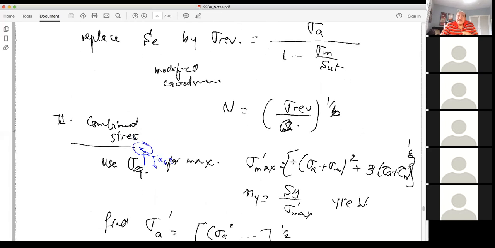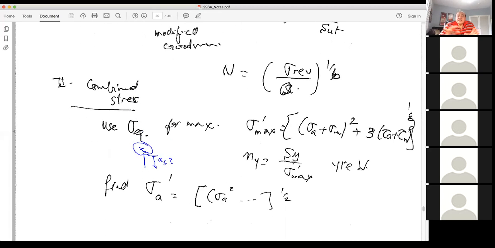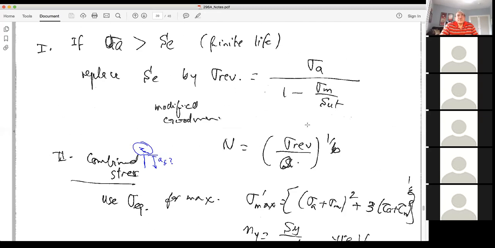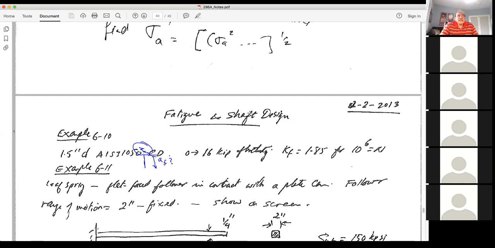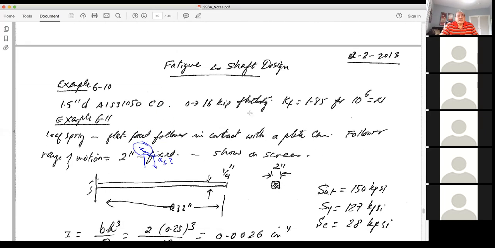If I have multi-axial, I have to change every stress to the corresponding von Mises, whether it's maximum or minimum, and then I can find the mean value and the alternating value. And again, I can use the same technique. I can find the corresponding sigma fully reversed and the mean value.